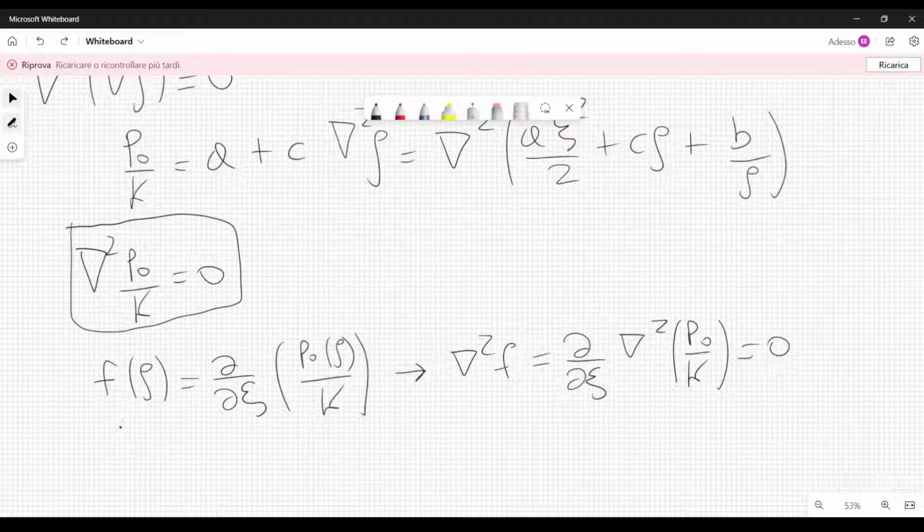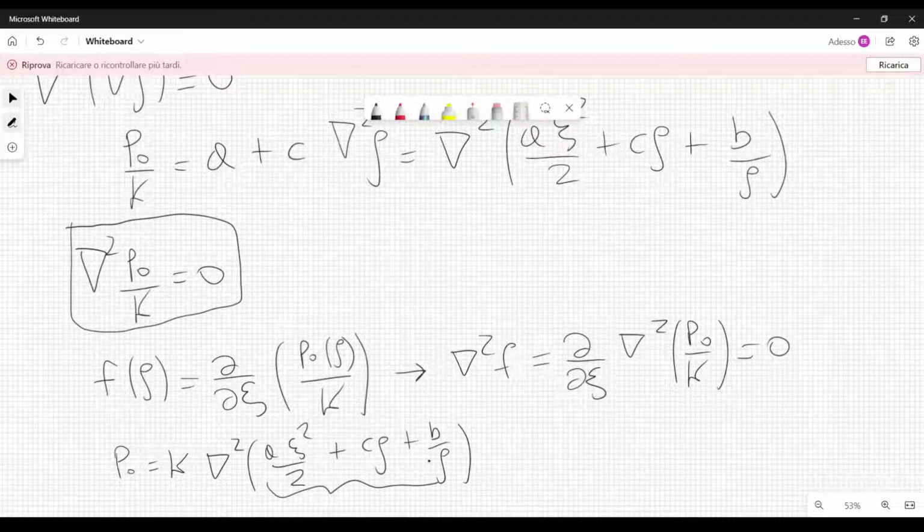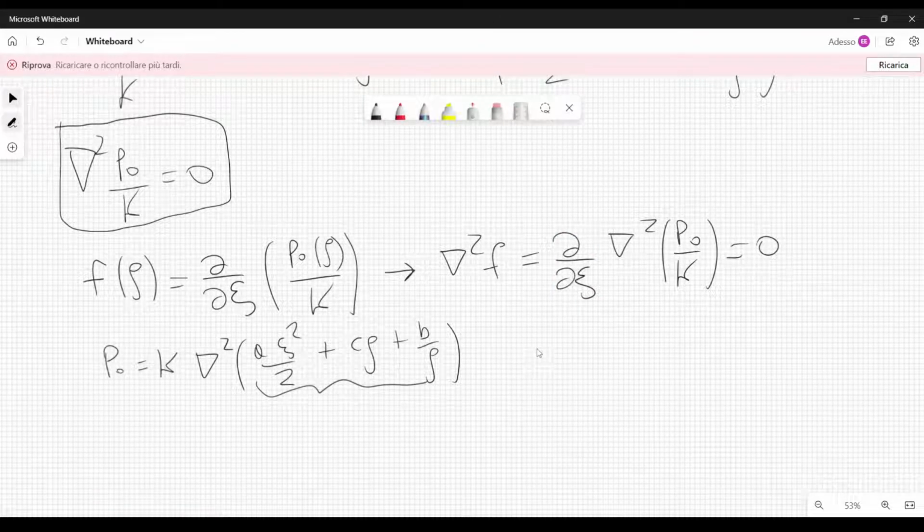So P0 is equal to K Laplacian of A xi squared over 2 plus C rho plus B over rho. And we can define this, the content of the Laplacian, as V0 bar, let's say.